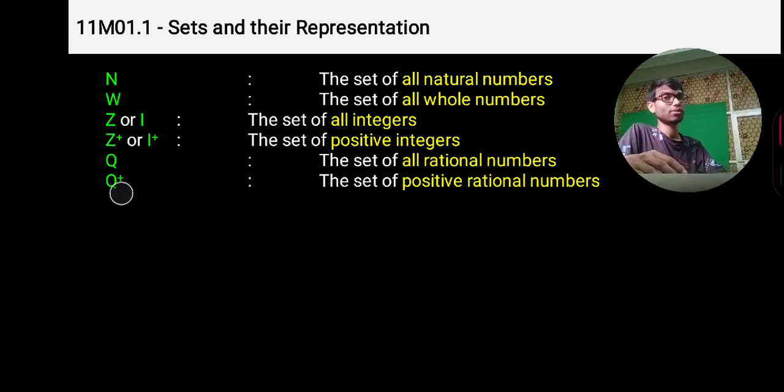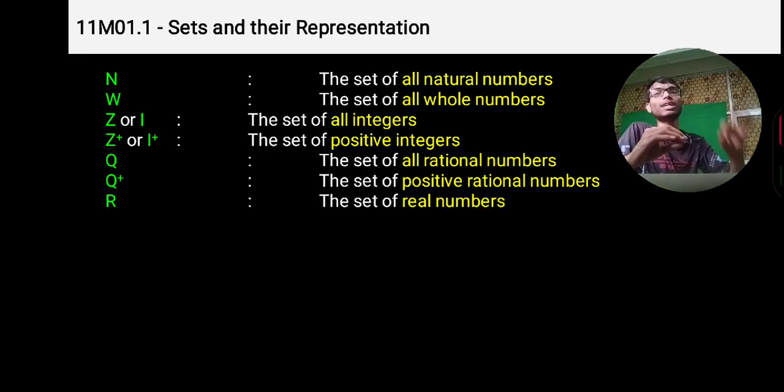When it comes to only Q, then of course we can have negative rational numbers and positive rational numbers. So if we are using plus, then here we are saying we have positive rational numbers. This is what we are saying by using this symbol above the Q. Now next, R, only R, real.